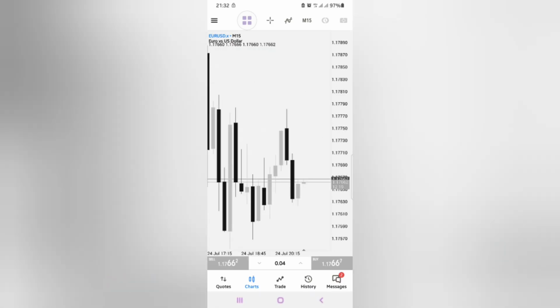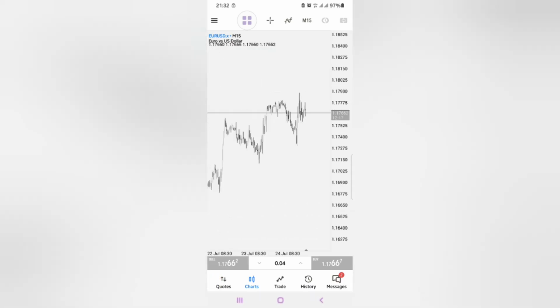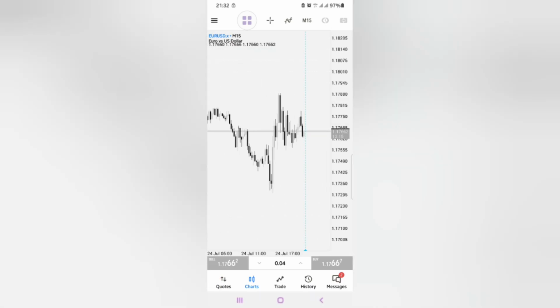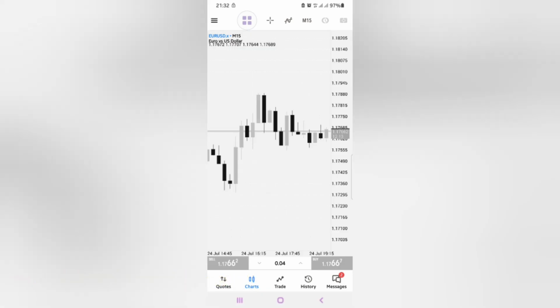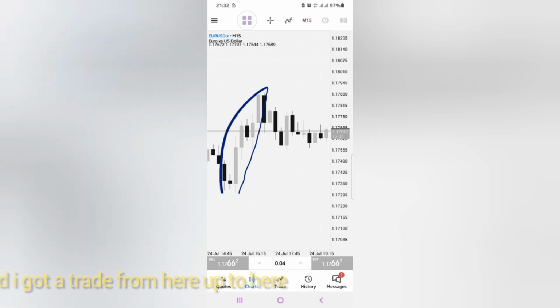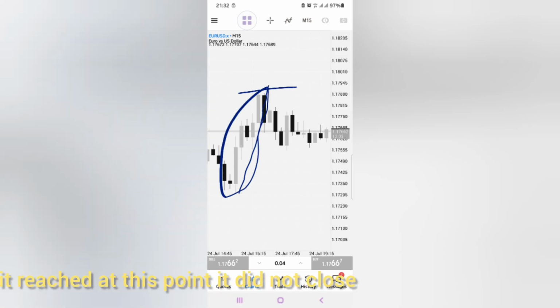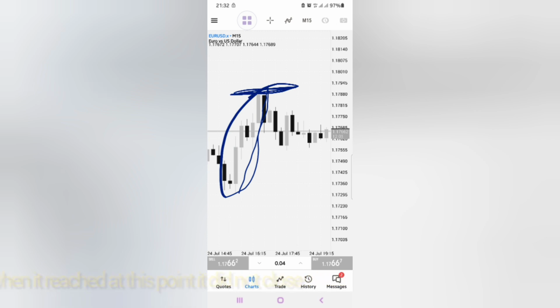No trade, but the overall trend for today was bullish, and I got the trade from here up to here, but when it reached this point it did not close.